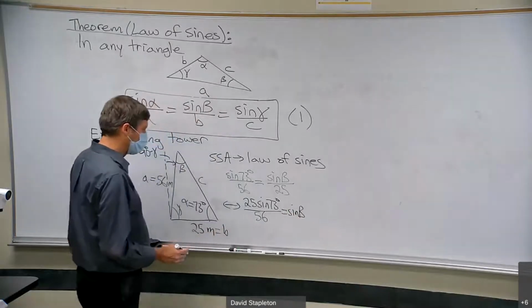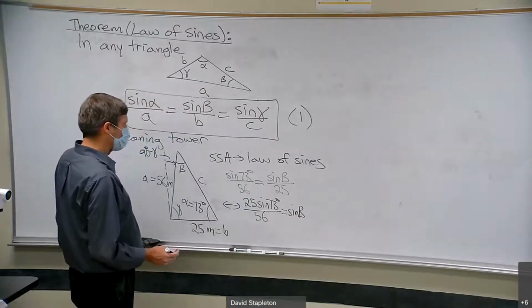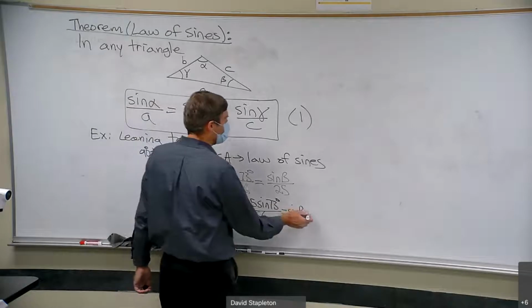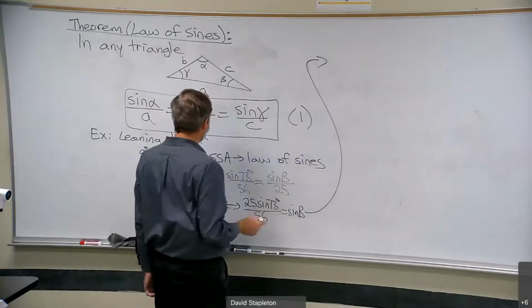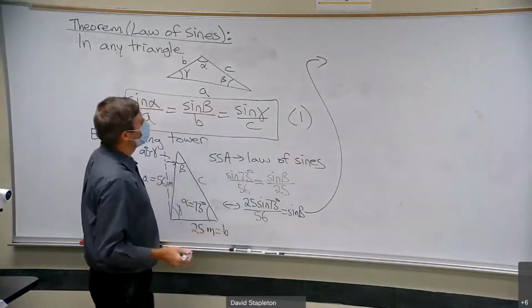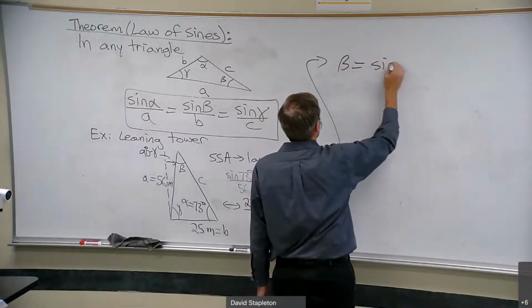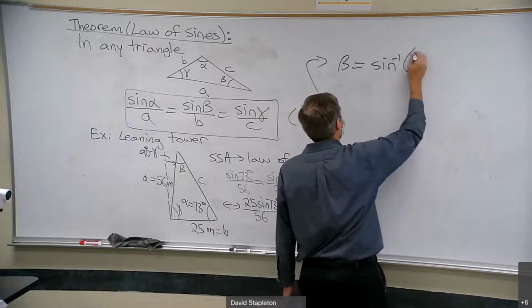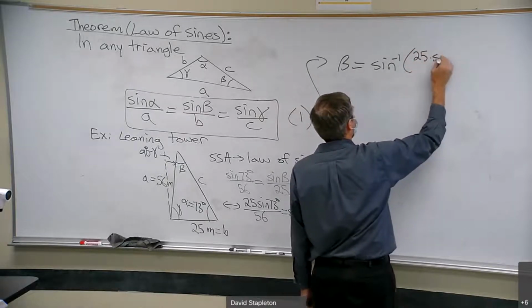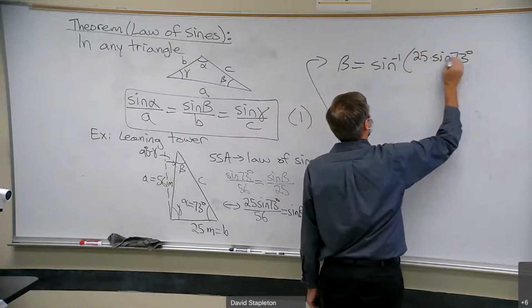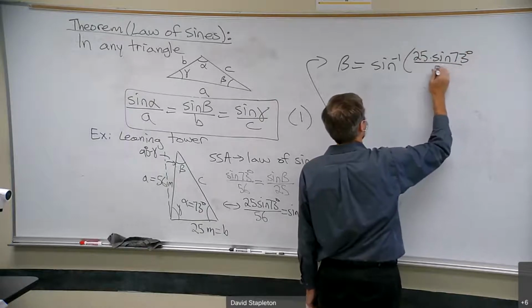And consequently, beta turns out to be the inverse sine of that number. Right? 25 times sine 73 degrees over 56.